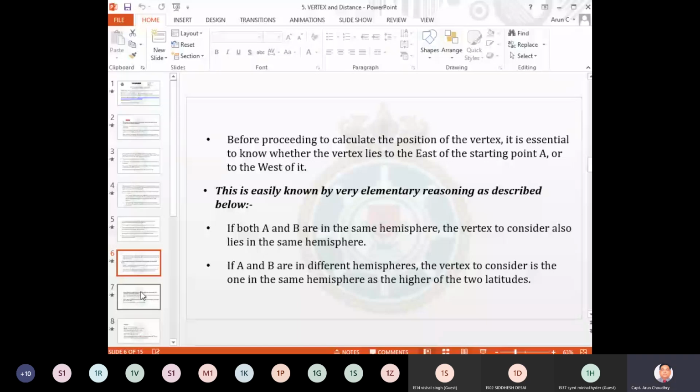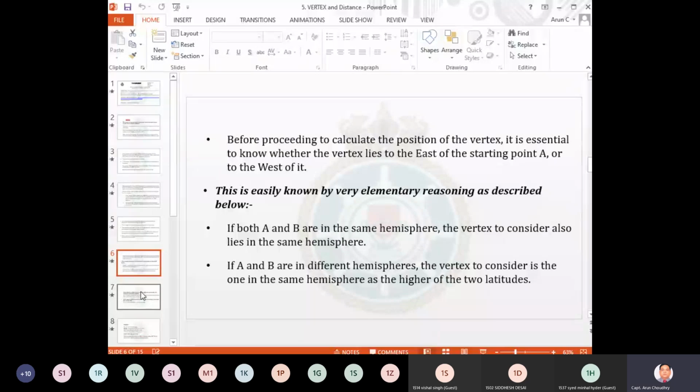Okay, is there anybody who has still not understood how to know whether we have already crossed the vertex, or where exactly the vertex will be, whether it will be between your initial and final position, or outside the course? If somebody has not understood, I will wait for maybe 10-15 seconds.